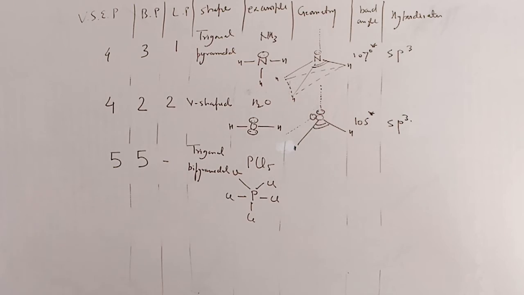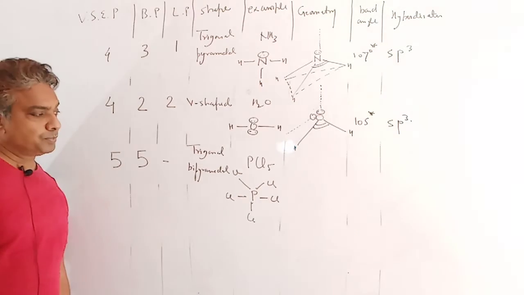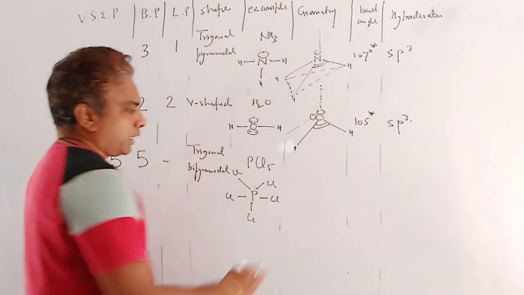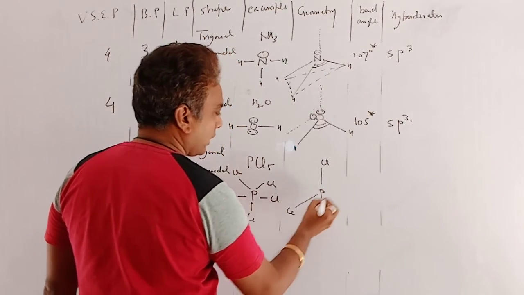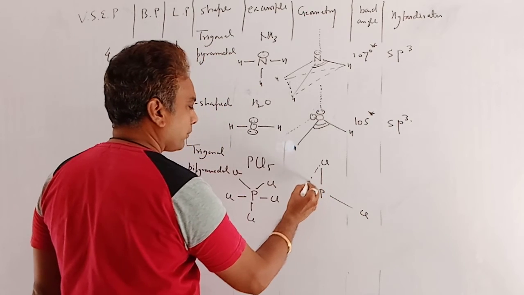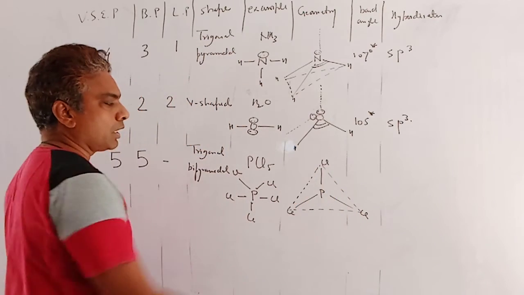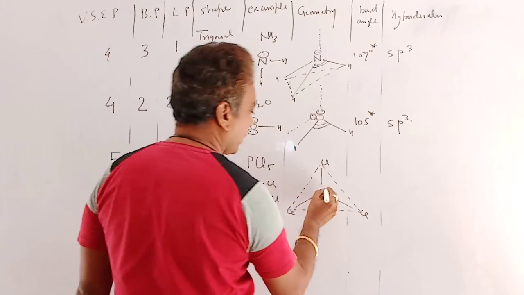So with respect to phosphorus, we have 5 bond pair without any lone pair. How are they arranged? Phosphorus exists at the center of the triangle like this. One chlorine is outward to the plane and another chlorine is downward to the plane.